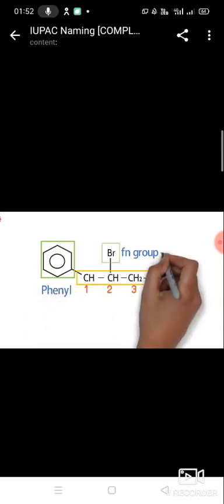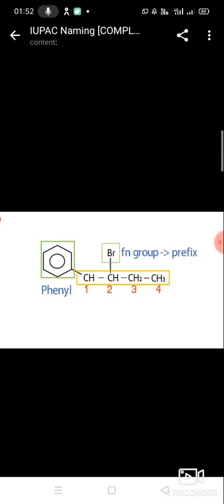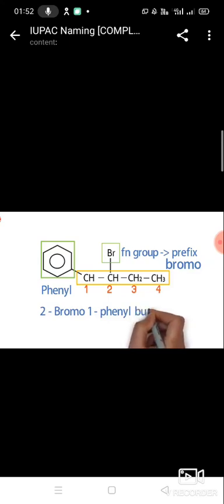The benzene ring is attached on the first carbon atom. When the benzene is an attachment, we say it is a phenyl group. First we give the prefix bromo. The bromine is on the second carbon. So 2-bromo-1-phenylbutane.